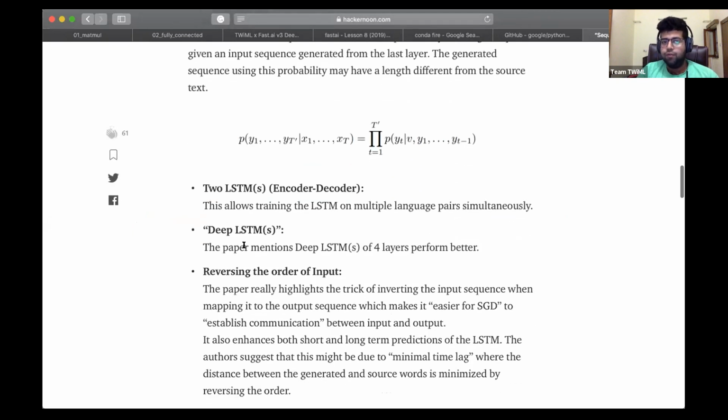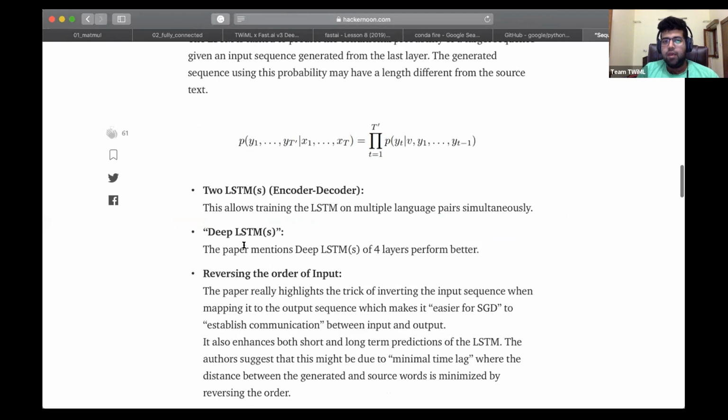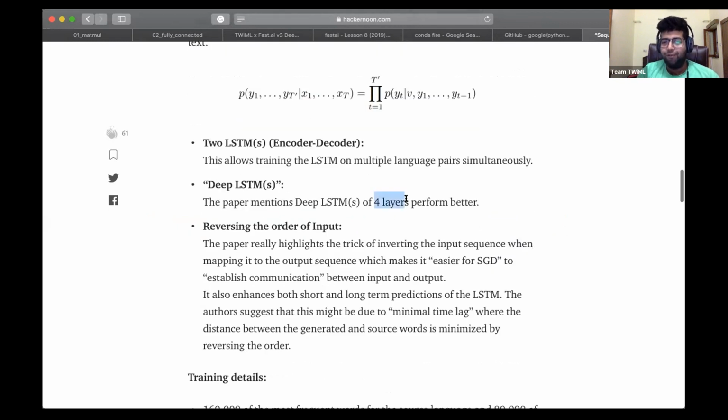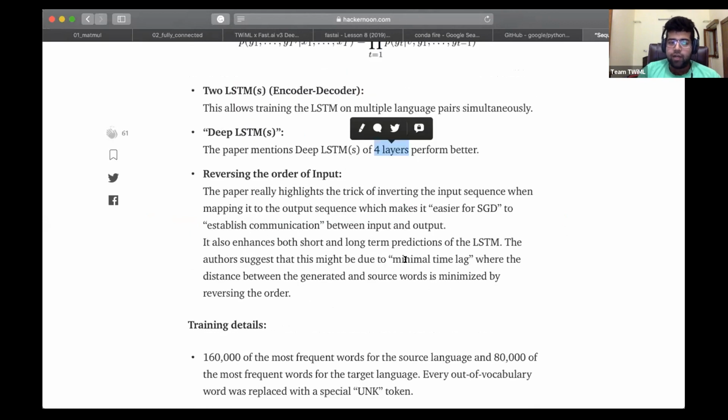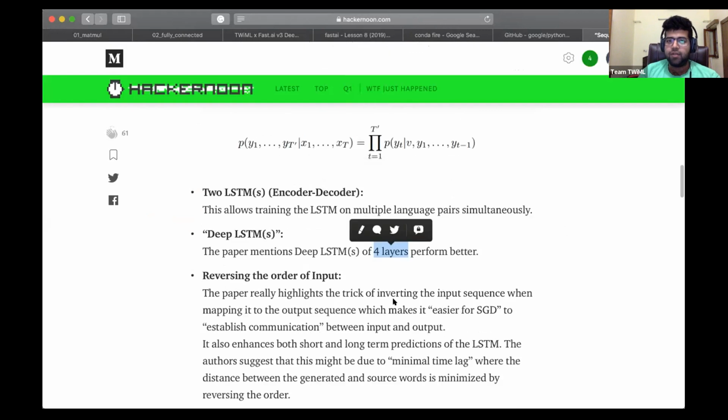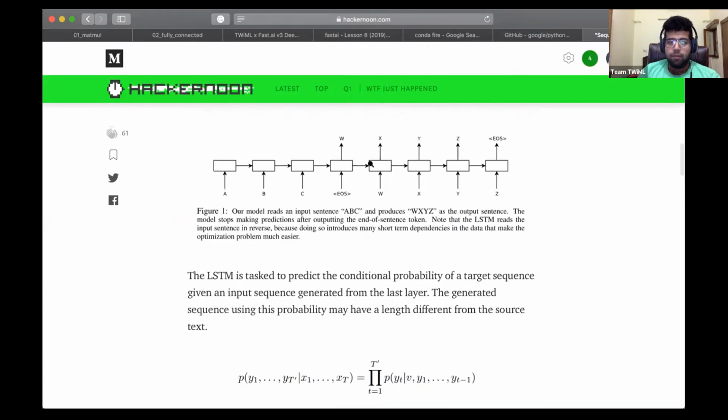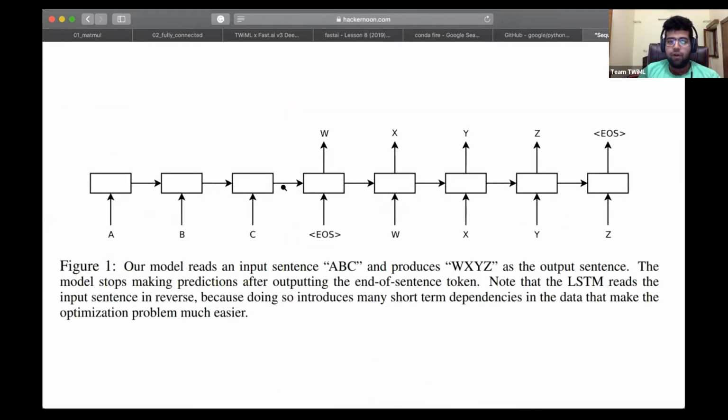The model has 2 LSTMs, as I had mentioned. The deep LSTM has 4 layers in it in 2014. And a trick that was highly spoken of, this model image is sort of false, because the authors found that reversing the input really helped them improve the accuracy further.